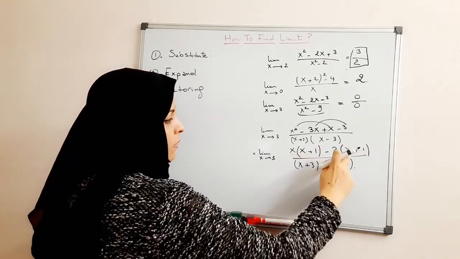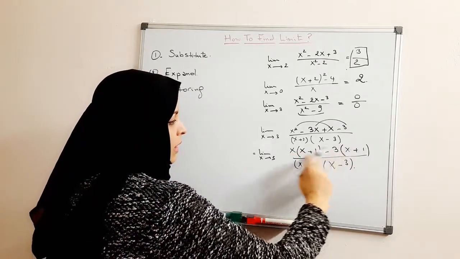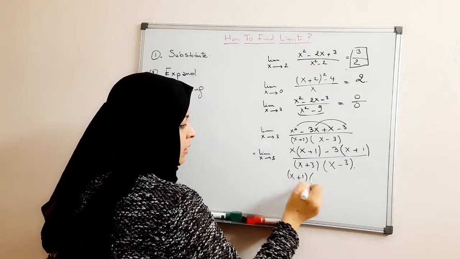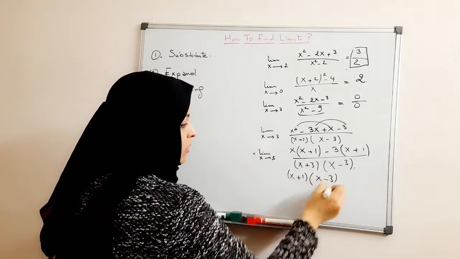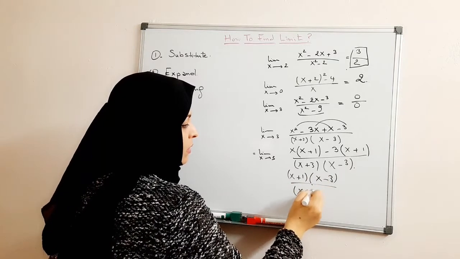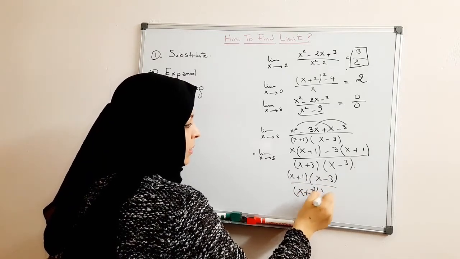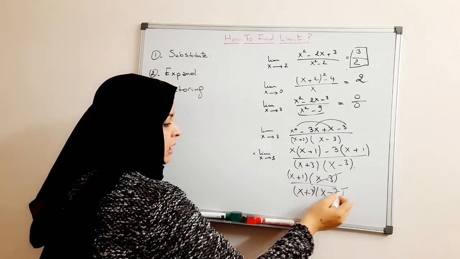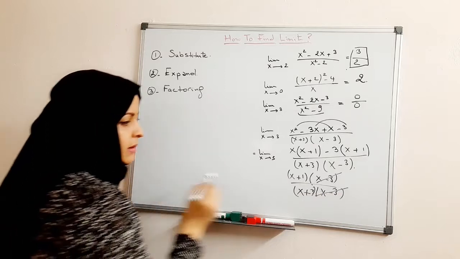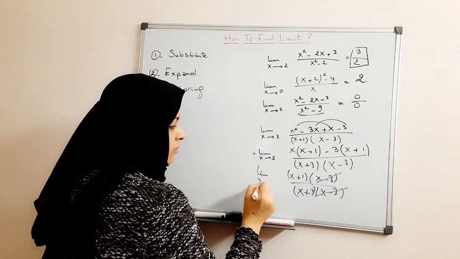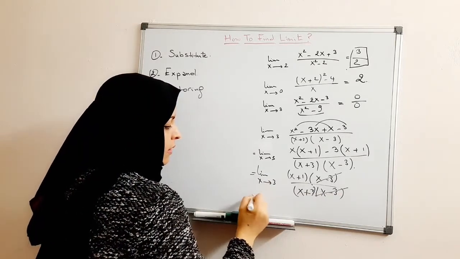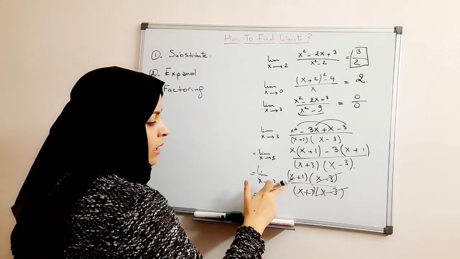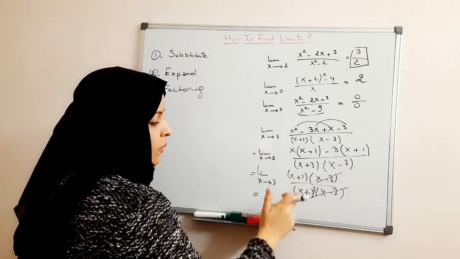So we will factor by this term, x plus 1 multiplied by x minus 3 over x plus 3 multiplied by x minus 3, and we simplify by x minus 3 and we have x plus 1 over x plus 3.